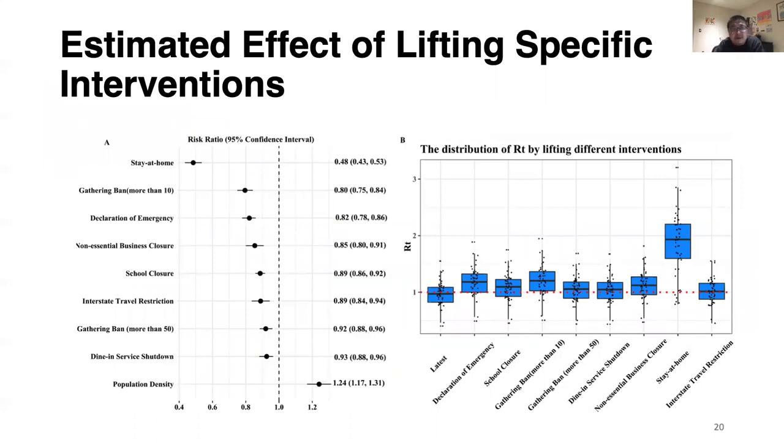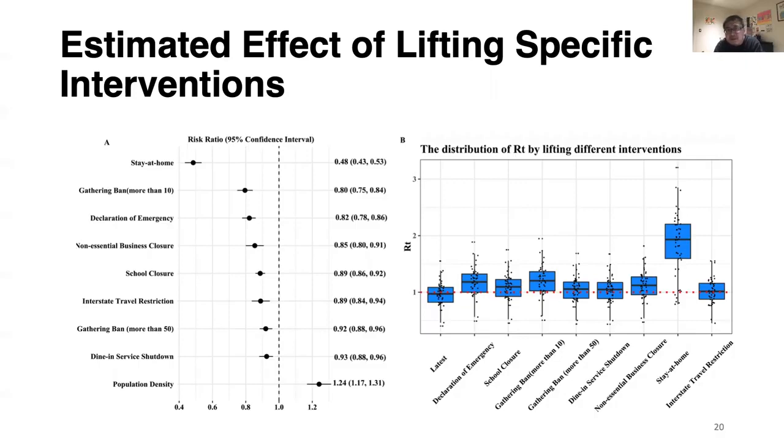And this is the estimated effect of lifting specific interventions. In the paper, they use the generalized linear model with ridge regression for gamma distribution to estimate the impact of different interventions on RT, which is the time varying reproduction number.